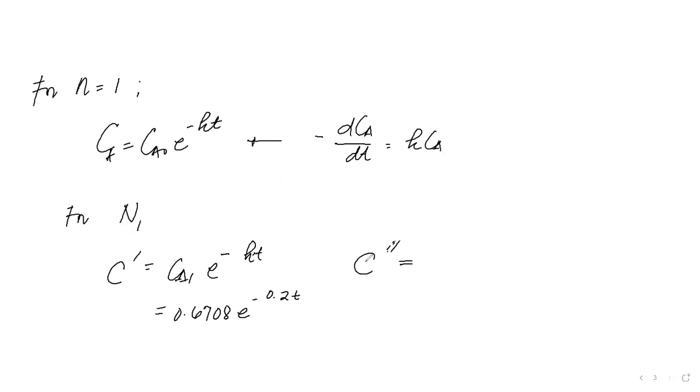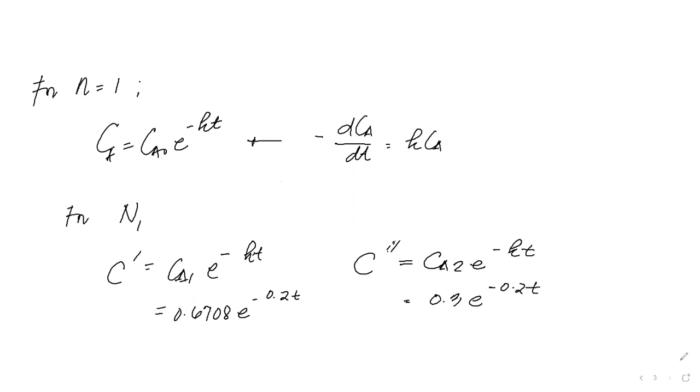So it will have to start with that concentration. So I will place here Ca2 e raised to negative kT still, and this would be 0.3 e raised to negative 0.2 t.